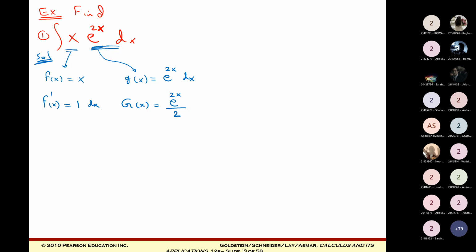Now multiply: the integral of x e to the power 2x dx equals, number 1, f of x times g capital, so we have x multiplied by e to the power 2x over 2, minus the integral of f prime multiplied by g capital, so we have 1 multiplied by e to the power 2x over 2 dx.